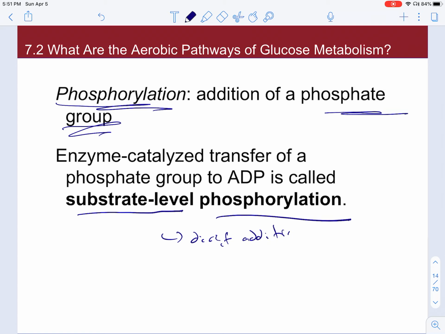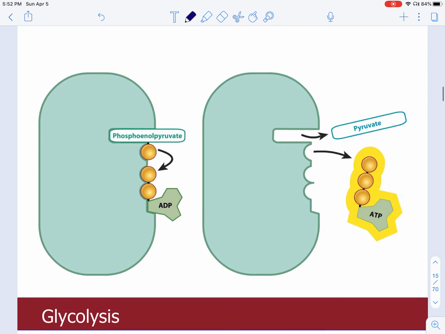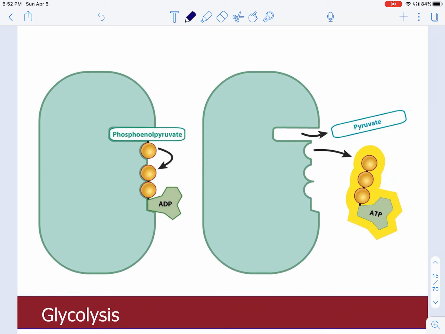And we'll see this a couple of times, particularly pyruvate kinase. And then you can have oxidative phosphorylation, in which the phosphate is added via some other mechanism.